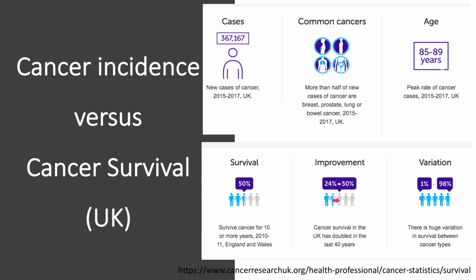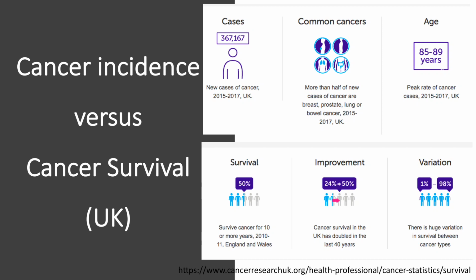And if you look at this, the data clearly shows that almost more than 300,000 cases of cancer were diagnosed in 2 years from 15 to 17. And out of these, the most common are breast cancer, prostate cancer, lung cancer, or bowel cancer in the UK. And it's very common the longer we live. So among 85-plus-year-olds, the incidences or the risk of developing cancers is very high.